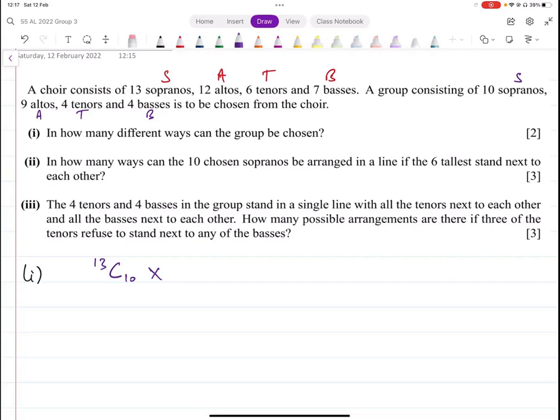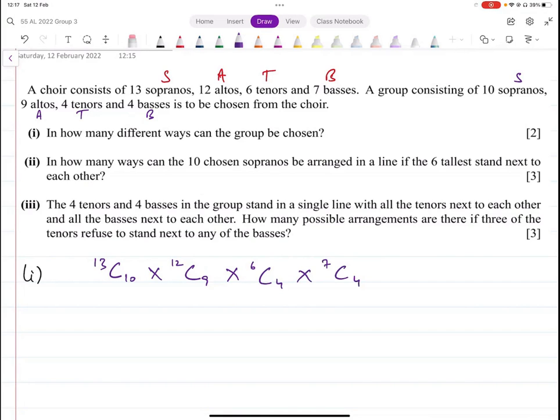And out of 12 A's, we have to choose 4. Out of 6 T's, we have to choose... No, I'm sorry, I missed something there. Out of 12, we have to choose 9. Out of 6 T's, we have to choose 4. And out of 7 B's, we have to choose 4.